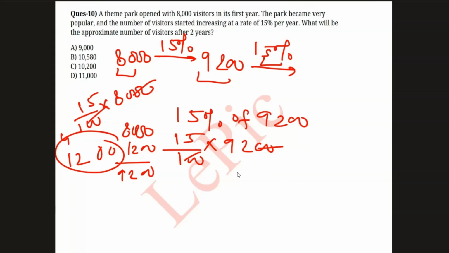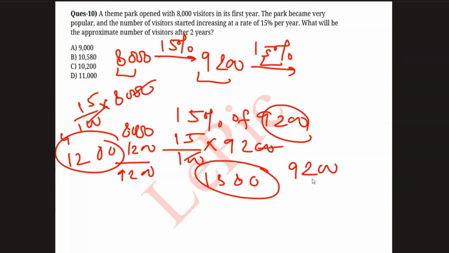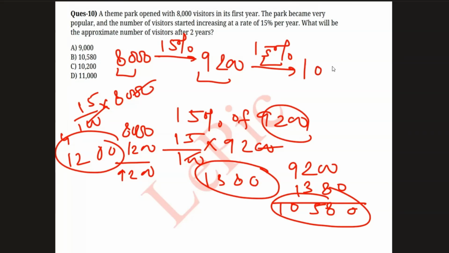It is coming out to be 1380. You will add this 1380 to the 9,200. So 9,200 plus 1380 is 10,580. So after 2 years, the value becomes 10,580, which means option B is the correct option.